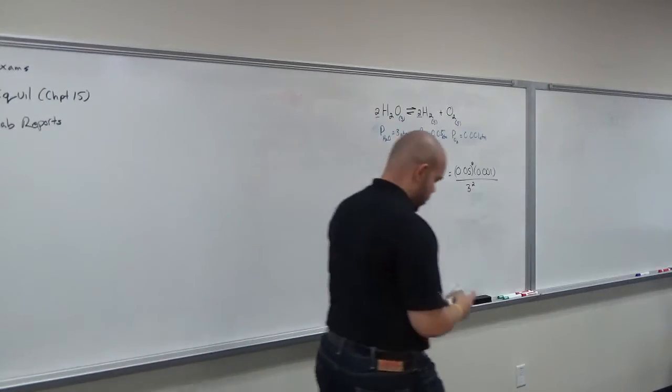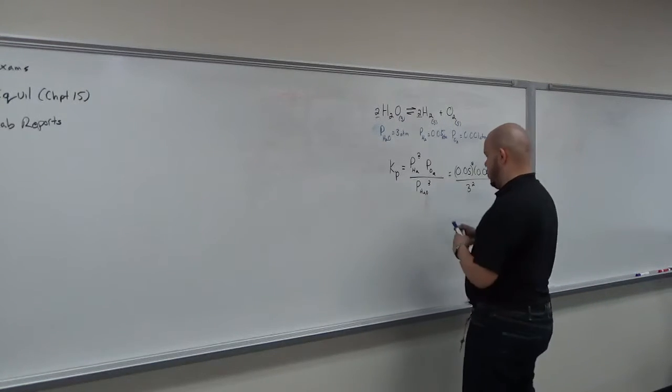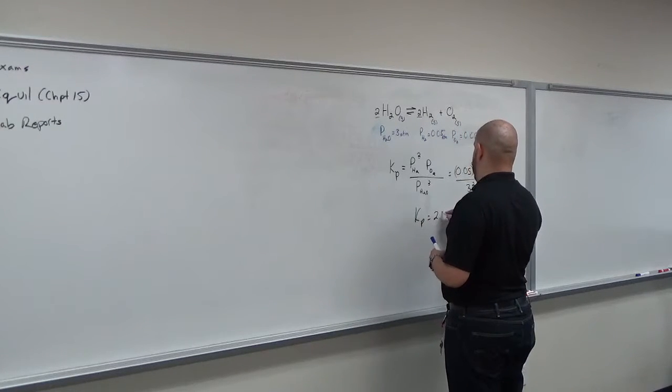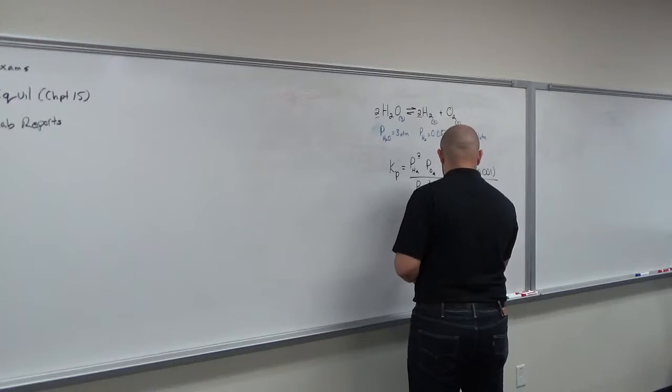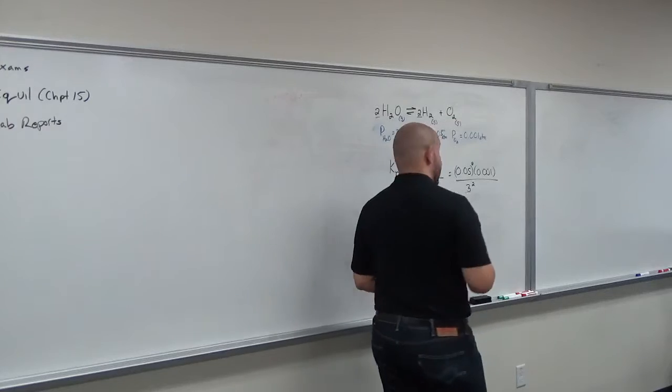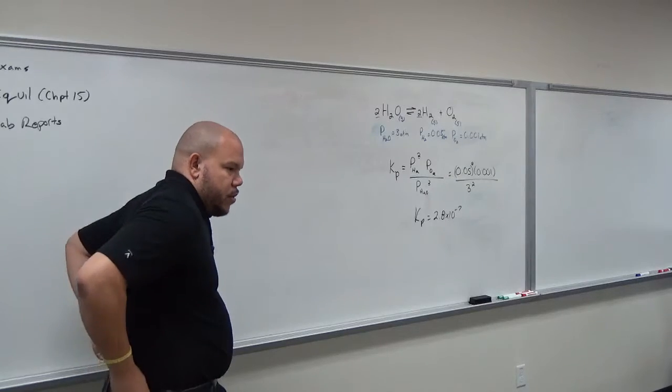And if you do the math here, 0.05 squared times 0.001 divided by 9, 3 squared, it looks like 2.7 times 10 to the negative 7, or 2.78, however you want to look at that, 2.8. All right, now, from a magnitude perspective, is this a big or a small number? Small. Right, it's a small number.